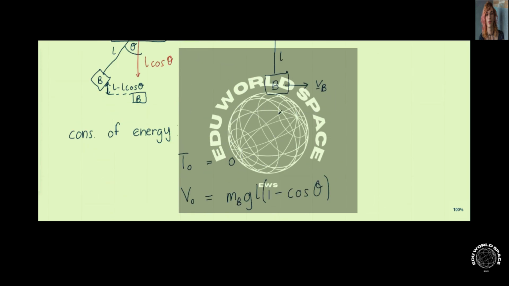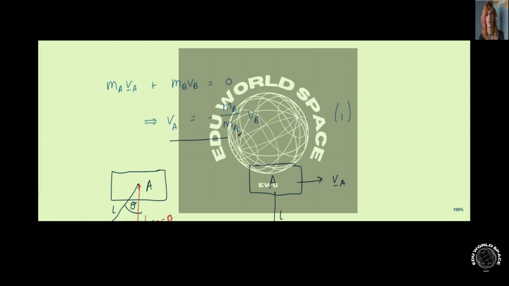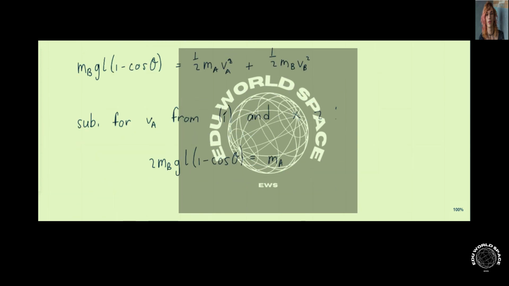We get that 2 times the mass of B times g times L times (1 minus cos theta) is equal to m_A, remember, equation 1 is this equation here, is equal to m_A times m_B squared over m_A squared times v_B squared plus m_B v_B squared.